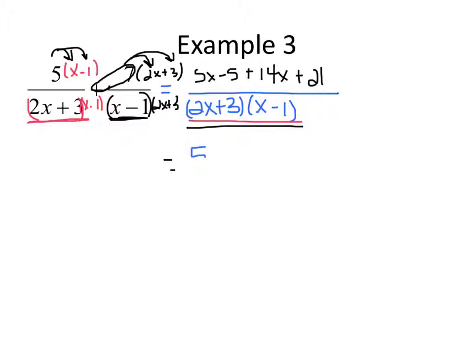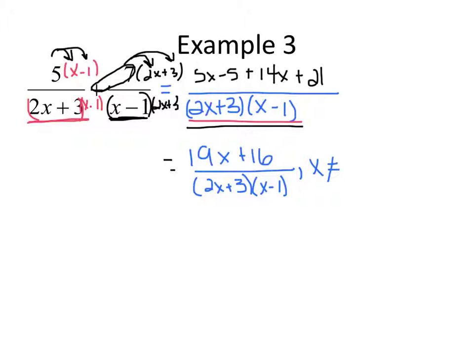We're going to have 5x plus 14x makes 19x plus 16 over 2x plus 3 and x minus 1. X cannot be negative 3 halves or 1.